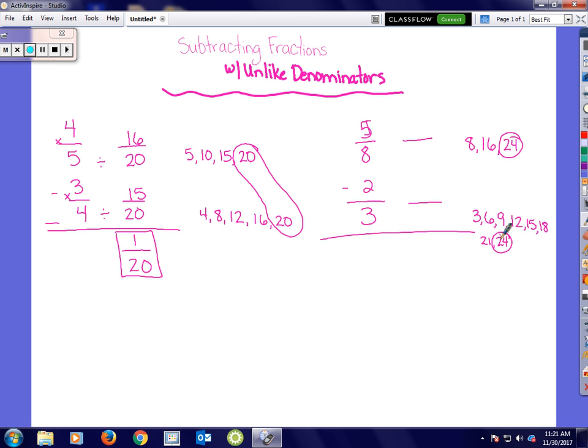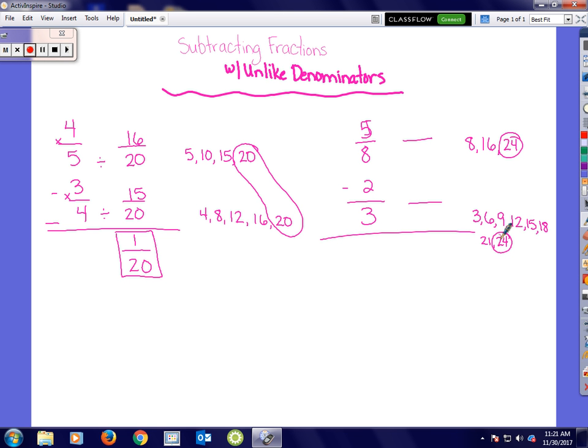Now, if for some reason you miss the least common multiple and you just have a common multiple, it's okay. It just makes it harder to make it into simplest form. Just like when we did greatest common factors, if you didn't pick the greatest one, you just picked a factor when you were dividing to make an equivalent fraction, it works.